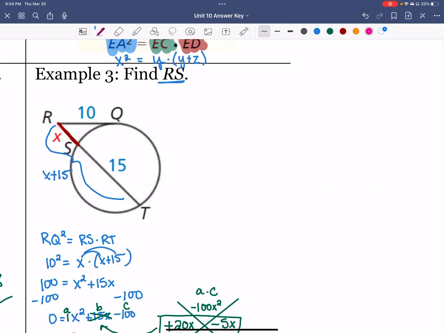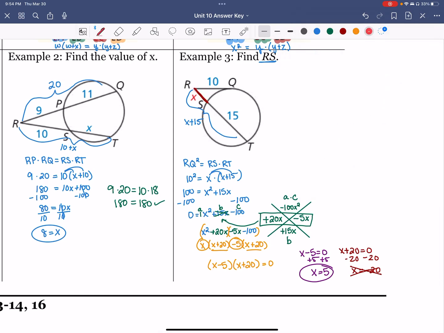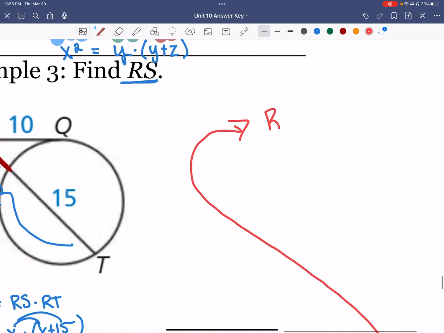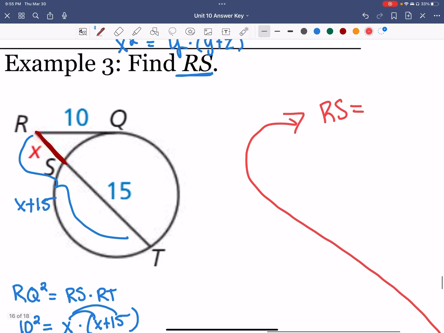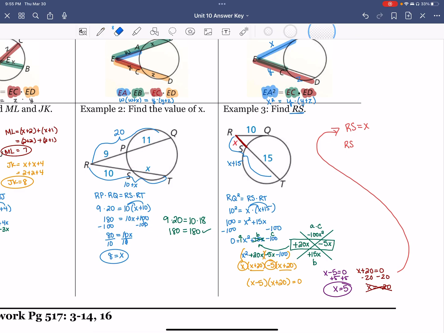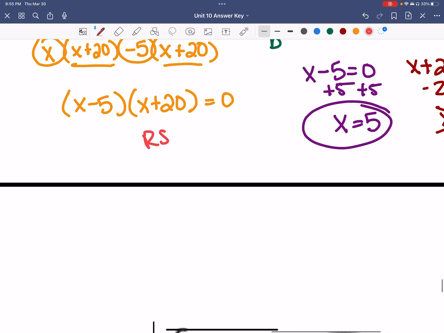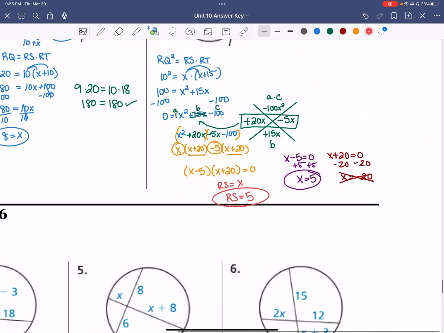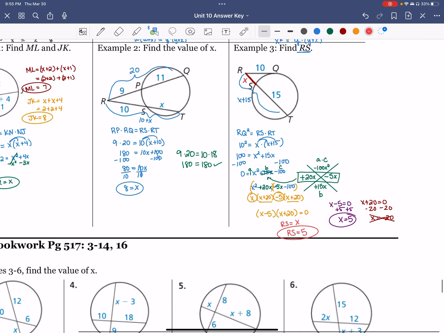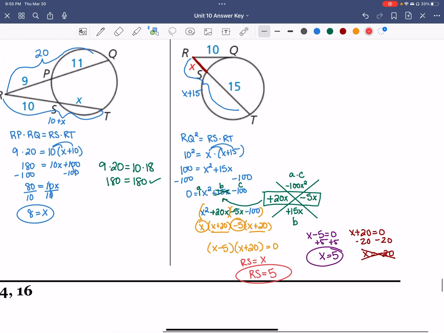So after all of that lovely work, RS is going to equal x. So RS is equal to 5. And yes, even though it is just the value of x, I need to make sure that I do label that properly. And this is the end of section 6.